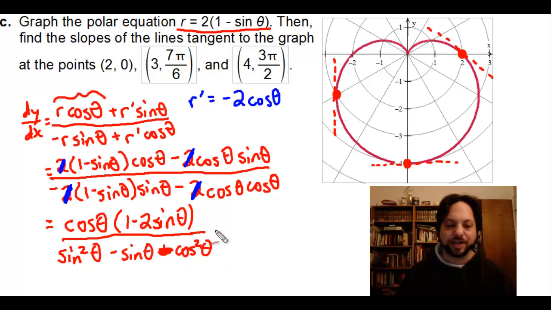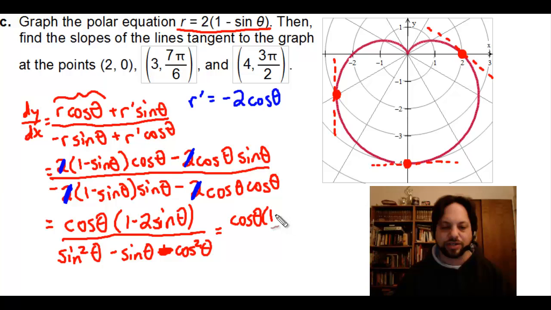However, it can be simplified just a little bit further, and I don't even know really if it's a simplification, but if we want to write it in terms of all sines, we can do that. So again, my numerator will stay the same here. I'm going to change my denominator.